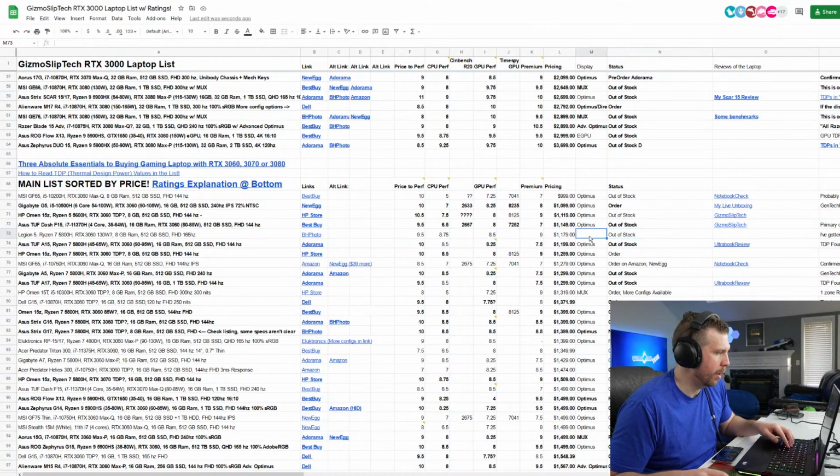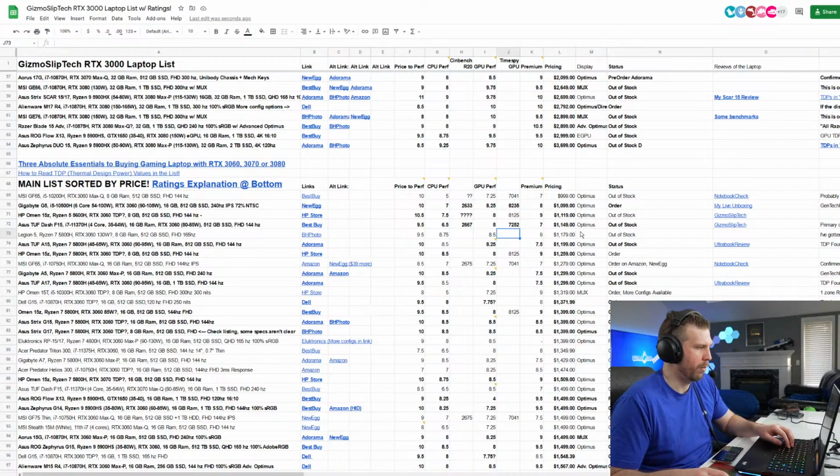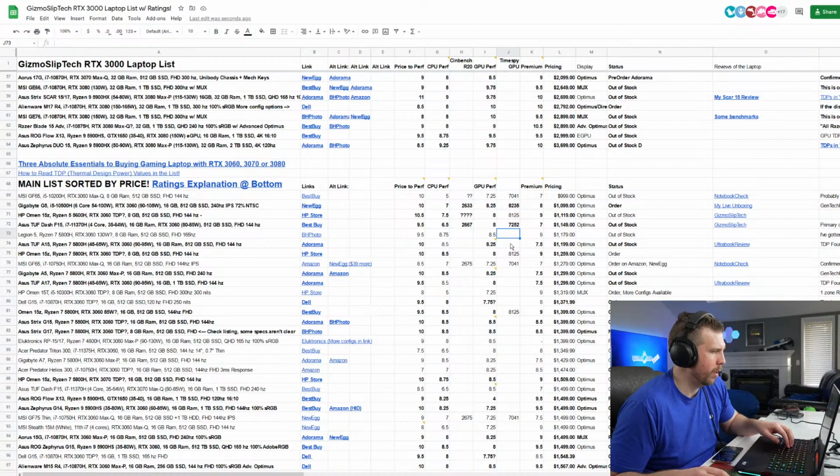But it's a lower TDP on the GPU, which is going to provide a little less performance. Plus, you have a mux switch on the GE76. So, in terms of raw gaming potential, the GE76 is a bit better. The Scar 17, though, is I think a really nice choice as well because of all of the nice perks that you get with the Ryzen processor. Like better multi-core performance, though for gaming it won't matter that much.